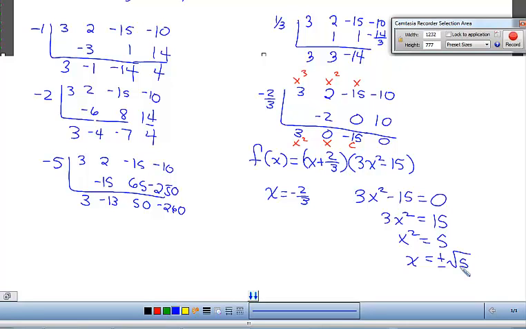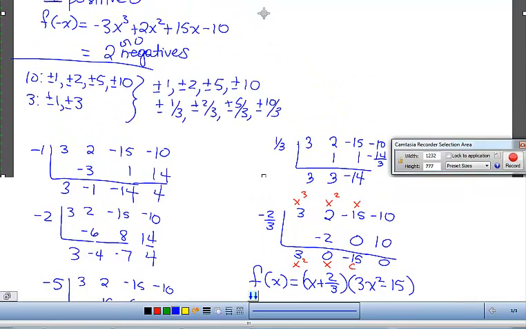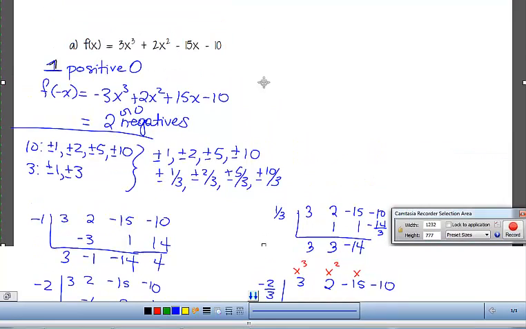Earlier the rule was we look at the number of sign changes. So when we look at the original function here, it only has 1 sign change. So that let me know that there would be 1 positive 0. And then to figure out how many negative zeros, we have to look at f of negative x.